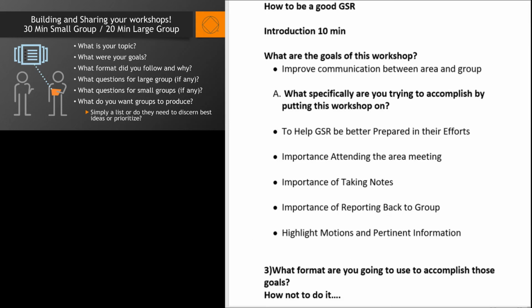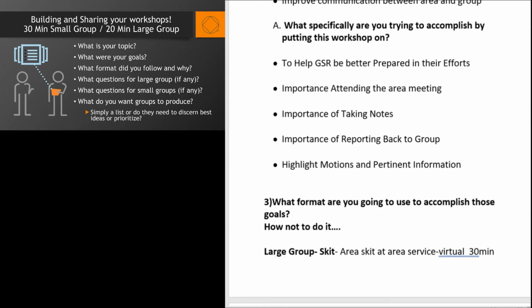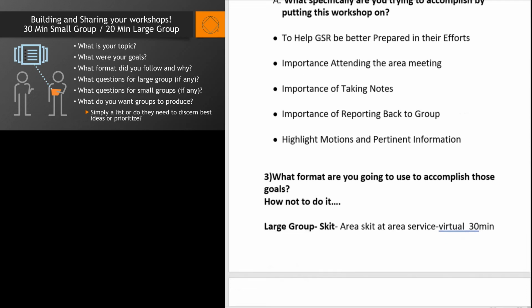And it says introduction, 10 minutes, so we started off with, what is the goal of this workshop? To be a better GSR would be to improve communication between area and group. We wrote, what specifically are you trying to accomplish by putting this workshop on?